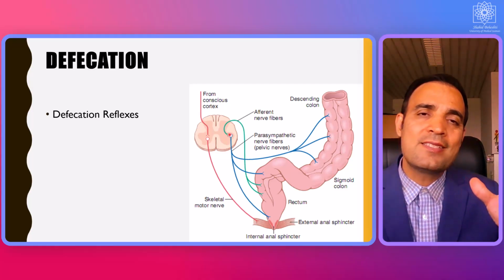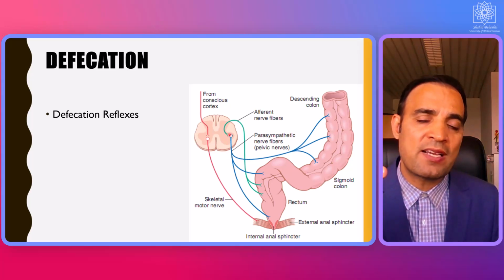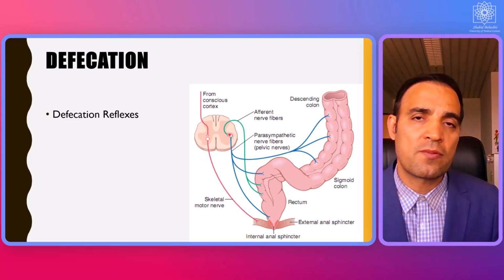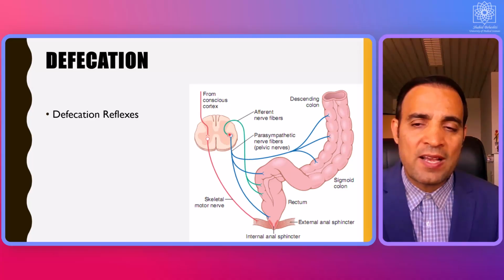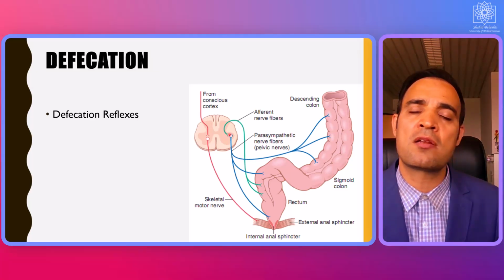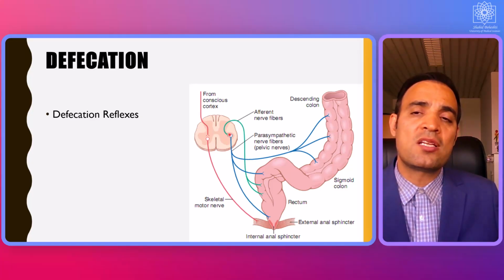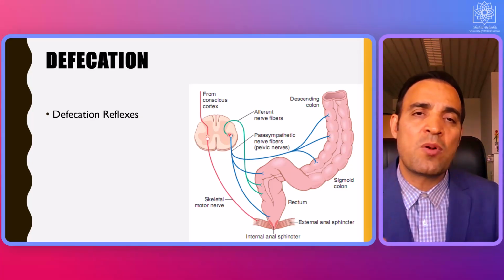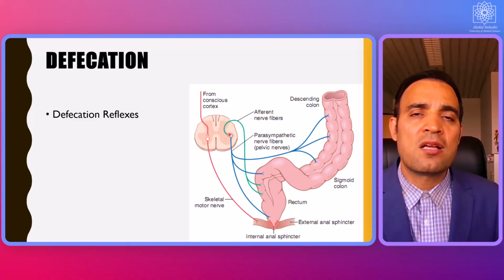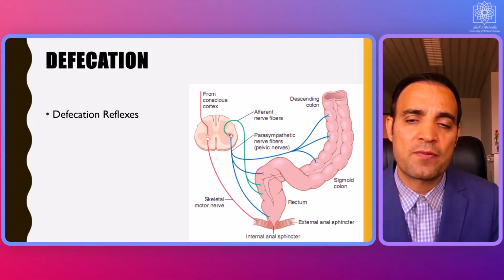At the same time, we have two types of sphincter in the anus. One sphincter is a smooth muscle, and it is completely involuntary. Therefore, under this reflex, not only the colon is contracting, but also the internal sphincter will be relaxed.